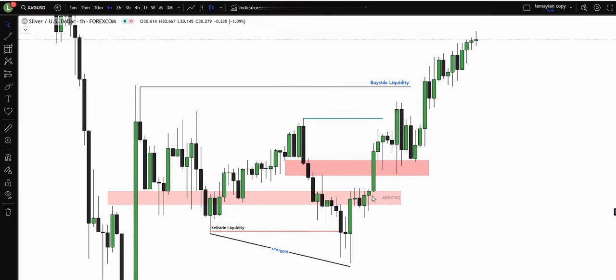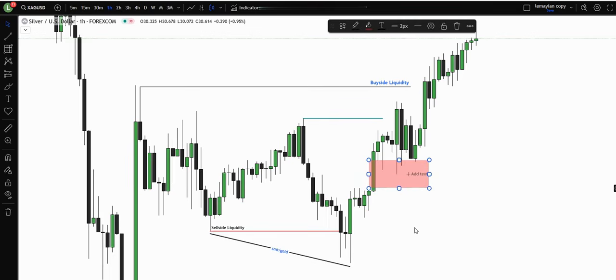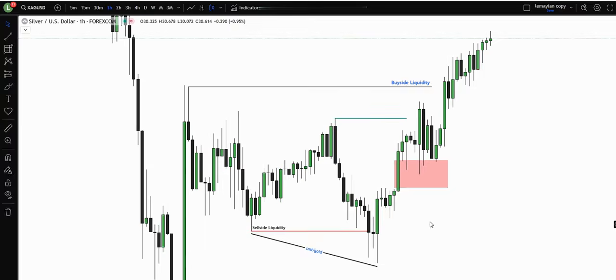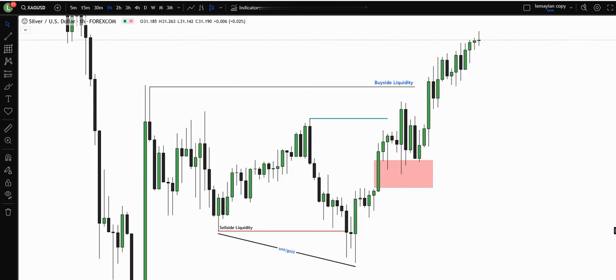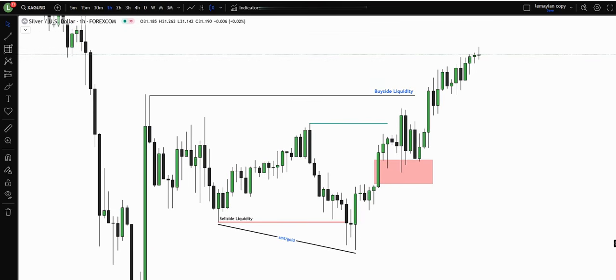So in 1 hour, I can remove this one now because it has played its role, and then I can also now bring this here because now this is the current price that we have here. Yeah, so early enough, somebody could have bought down here.